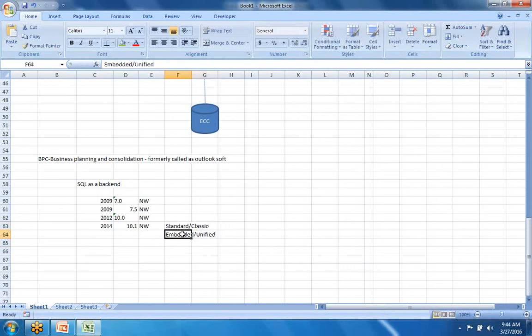The difference between standard and embedded is that standard follows an account-based model, whereas embedded, or unified, follows a key figure-based model.